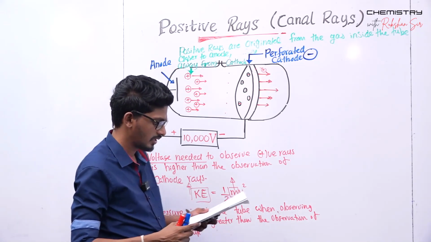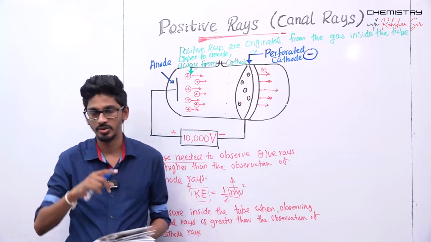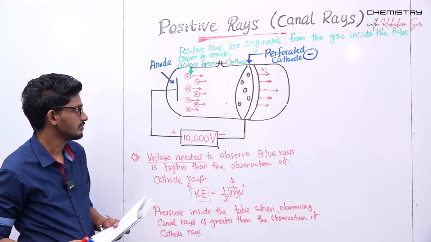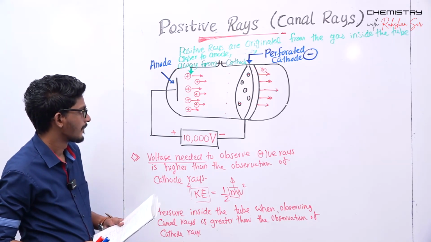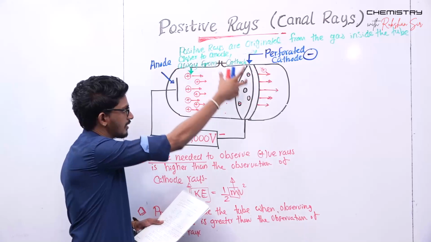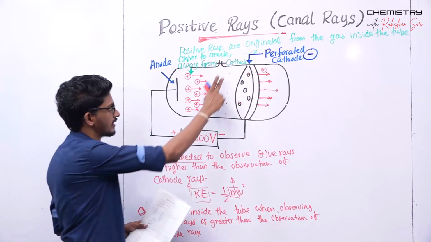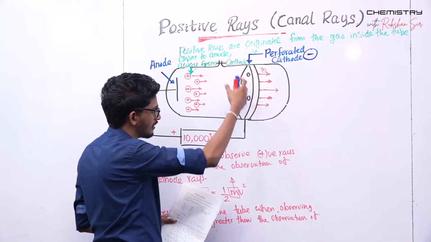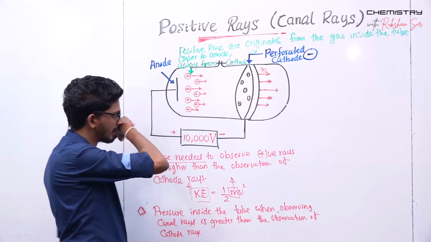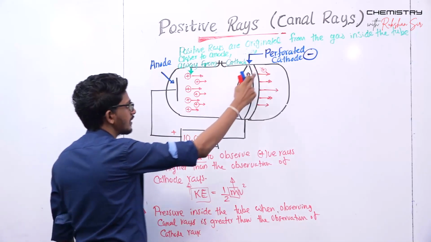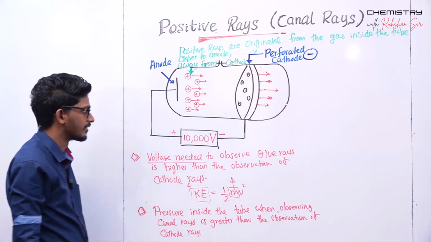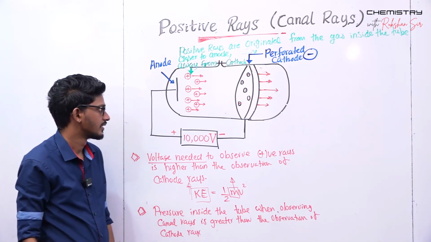So you can draw this setup. Some perforated cathode is there, meaning some cathodic metal with some holes in it. They have seen some rays coming out from the perforated cathode. That was the observation.